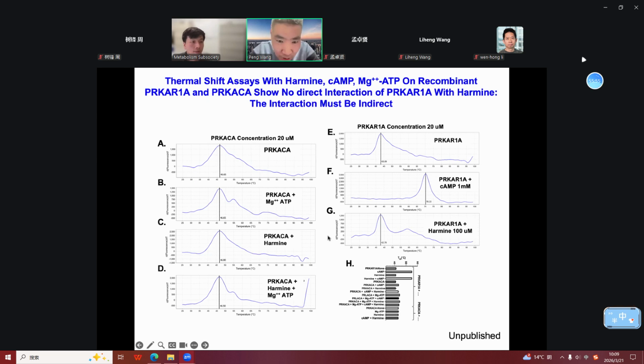I'm pretty sure there's a reprogramming happening from other cell types into the proliferating cells. The reason is we have another ongoing project. Actually, I did not report it here because of time. Using single cell RNA-seq, we do see that the alpha cell population can somehow reprogram into beta cells.